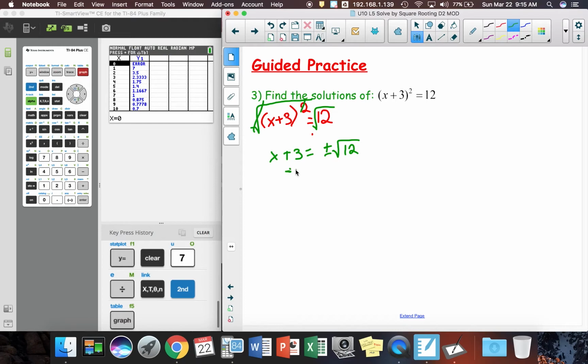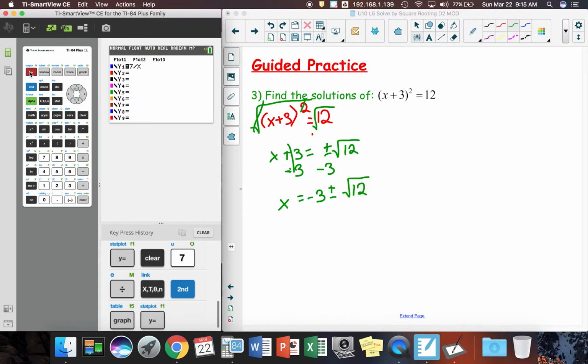I'm going to subtract 3 here. Subtract 3. Again, that 12 is trapped under that radical. So I'm left with x equals negative 3 plus or minus the square roots of 12. Now, my mathematical brain, it's going off that radical 12, there is a perfect square that goes into that.